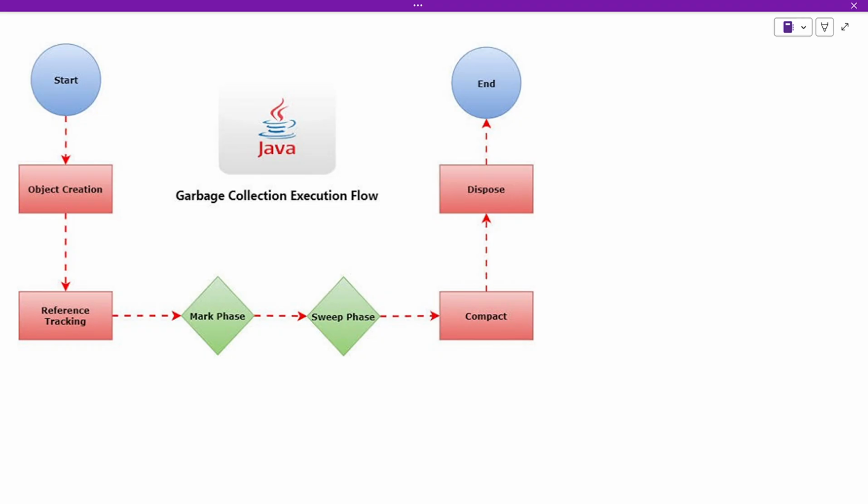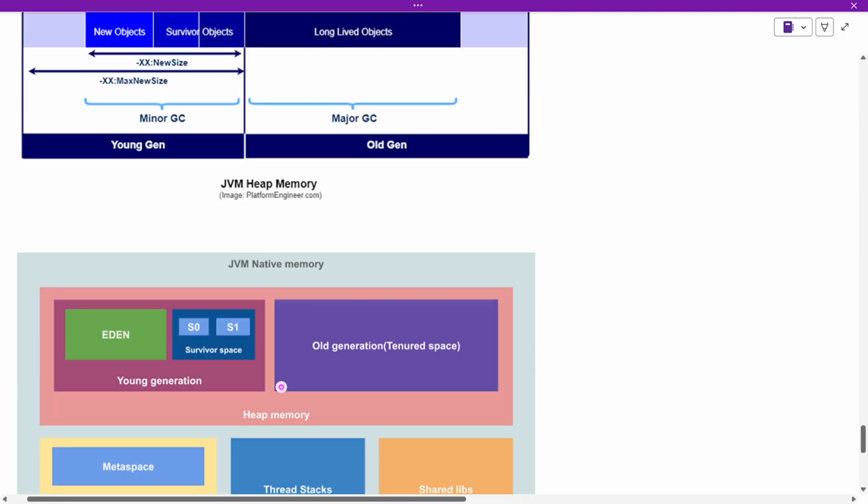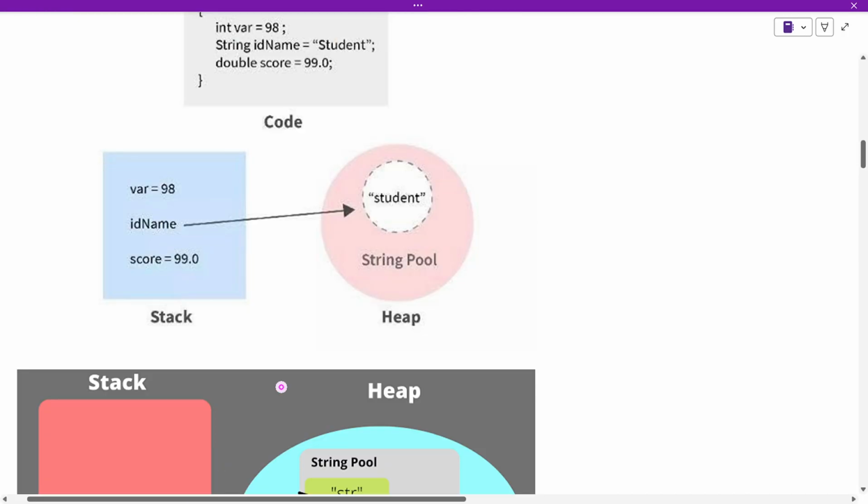This is called compaction. We make sure that this unused memory will be moved to a place where it can be used, and then we dispose the memory, and it will end the routine of the garbage collector. Right. So I think that's all about the memory management in Java.